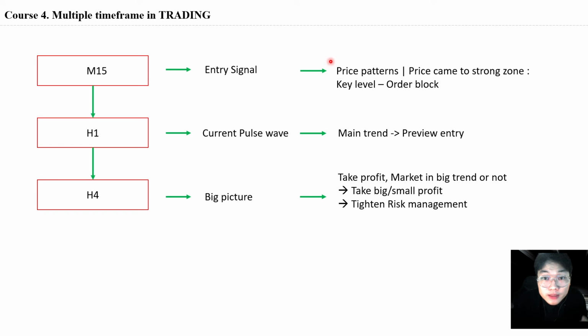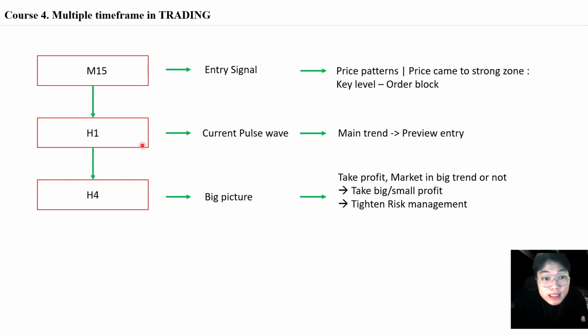For example, price patterns, or price coming to a strong zone like a key level, like an order block or a POI in smart money concepts. The next one is the 1 hour time frame. If the price in the 15 minute time frame has an entry signal like this, you open the 1 hour time frame to check again the current pullback wave of the market, whether price is in the main wave, to preview your entry.